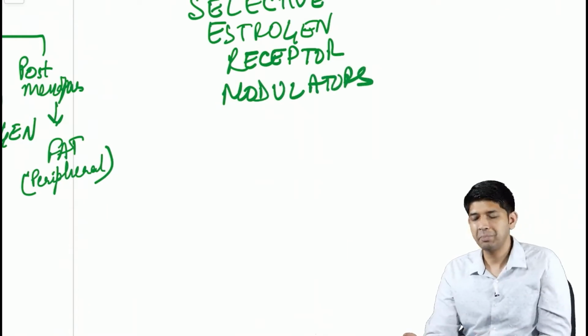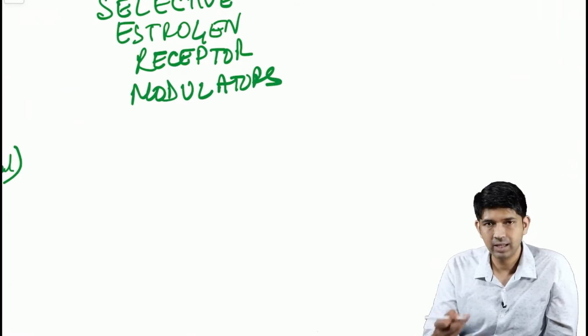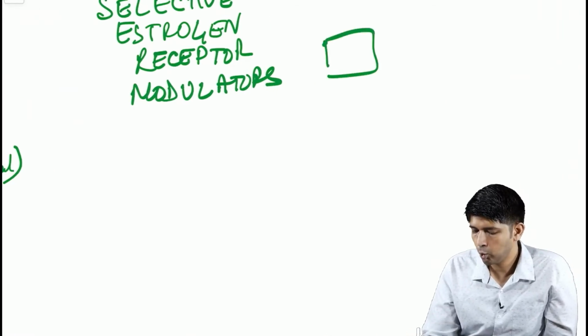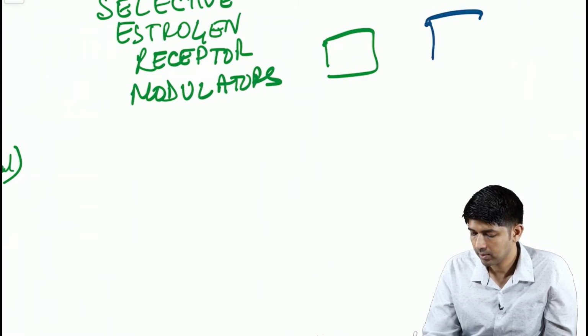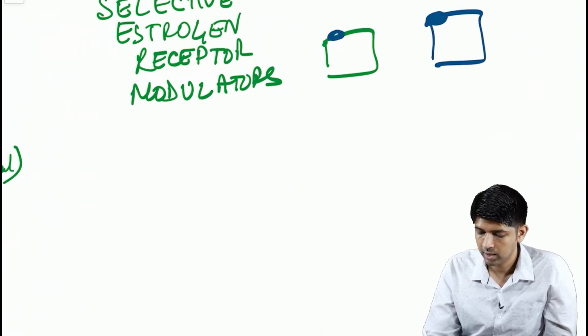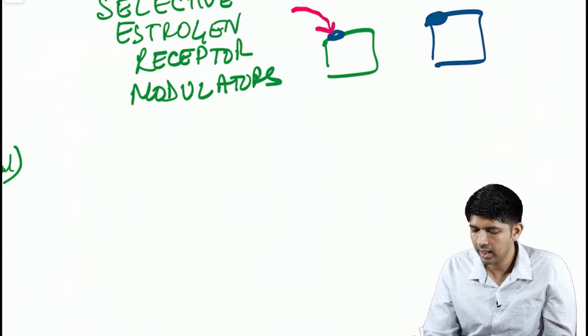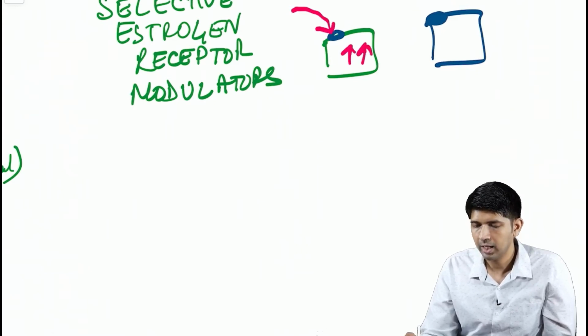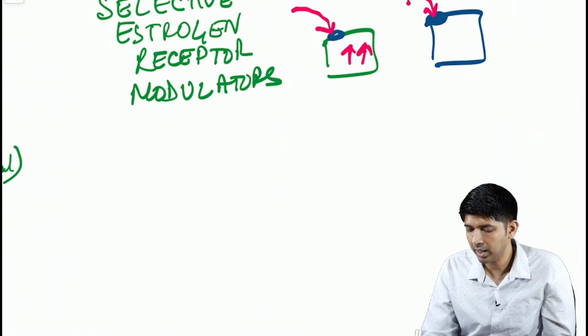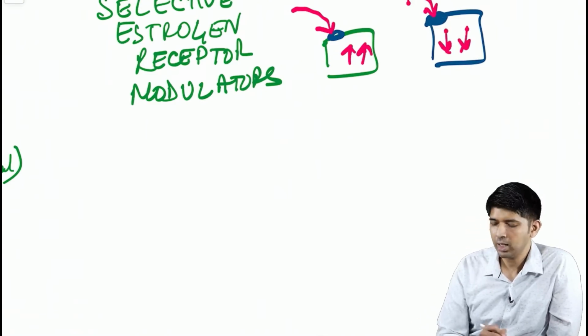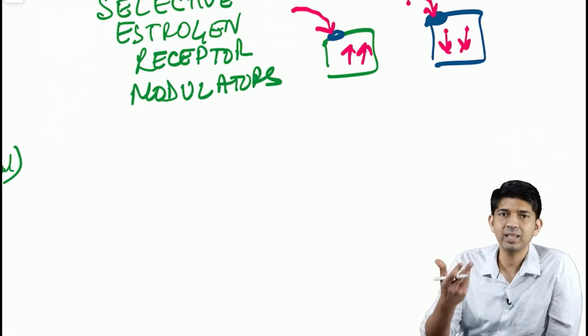So what this actually means is, there are two different cells, and both of them have estrogen receptors. In one area these drugs can stimulate the cell, whereas in the other cell they might inhibit the cell. So it depends on the site where the receptor is.